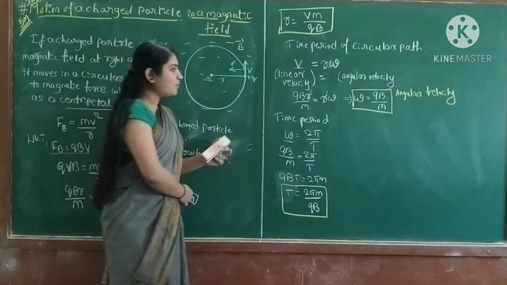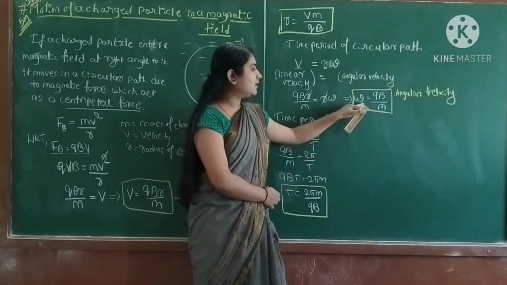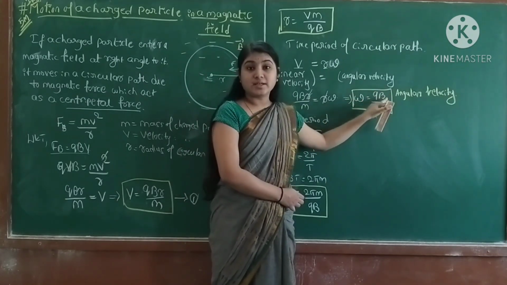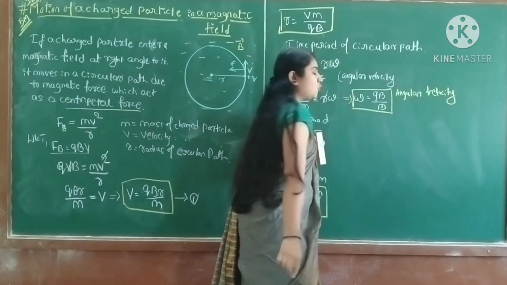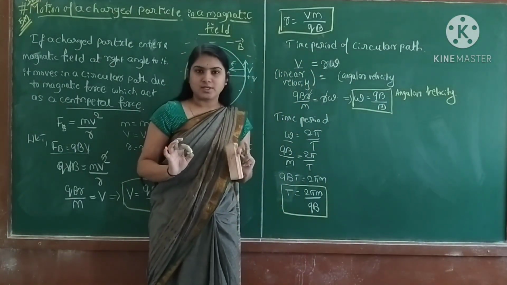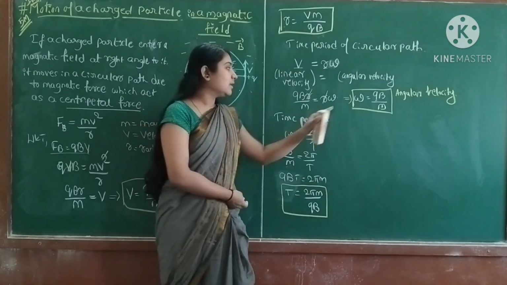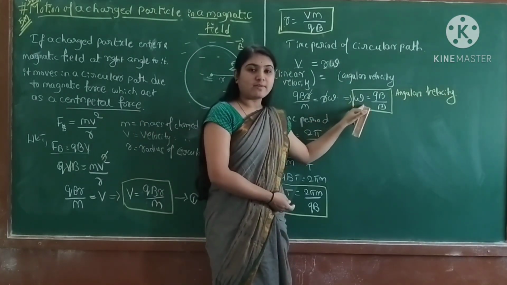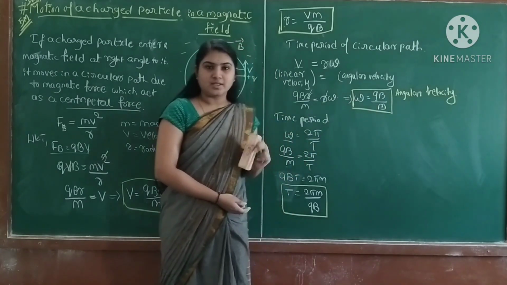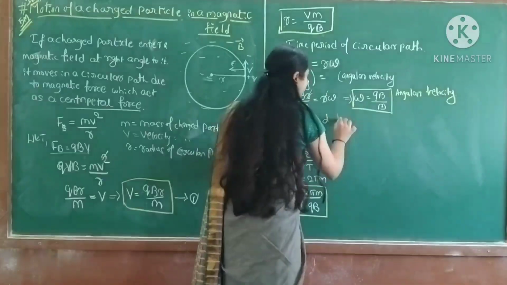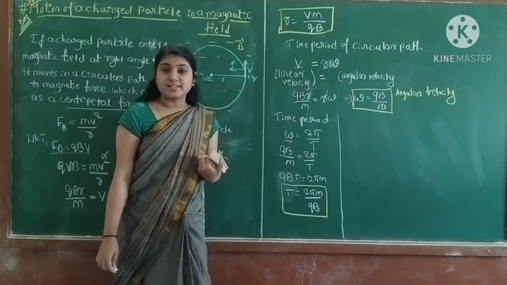So here, when the magnetic field increases, the angular velocity increases. But Q and M we have to take as constant. When we take Q and M constant, the omega, that is angular velocity, will increase with the magnetic field. After calculating the time period, we can calculate the frequency also.